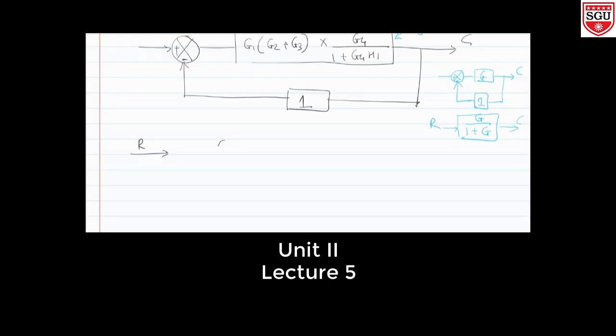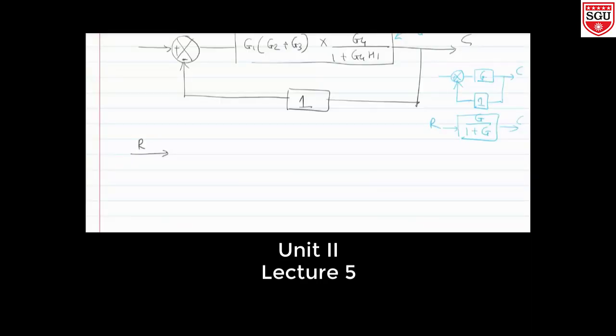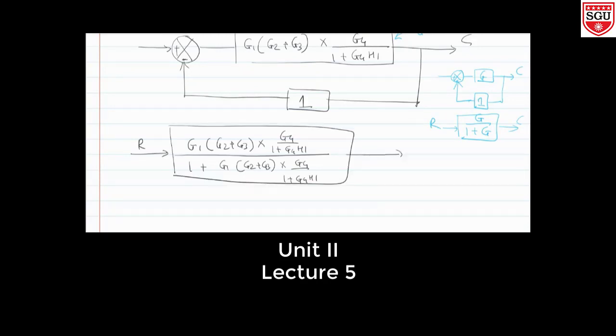G upon 1 plus G: G1 G2 plus G3 multiplied by G4 upon 1 plus G4 H1, divided by 1 plus G1 G2 plus G3 multiplied by G4 upon 1 plus G4 H1. Everything will give C as the output.